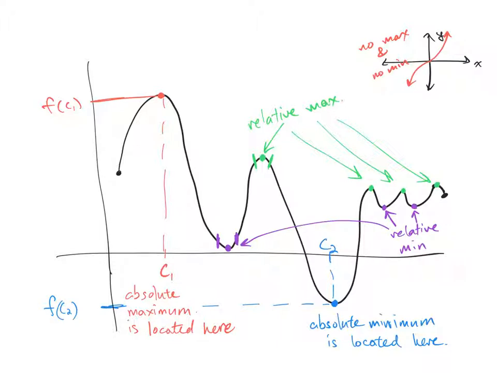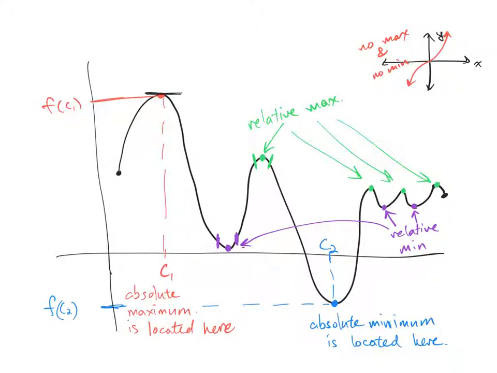That's fine, except you aren't usually given a graph to identify where these relative max and mins happen or where absolute max and mins happen. So how are you supposed to find these? Well, it turns out that if you look at all of these points where the maxes and mins happen, they have one thing in common.